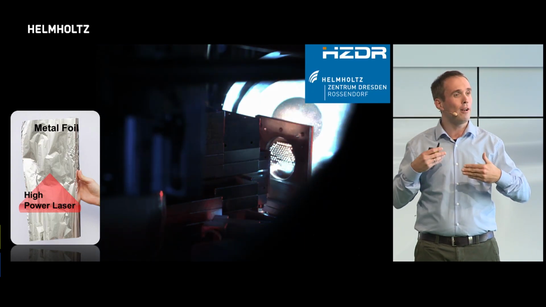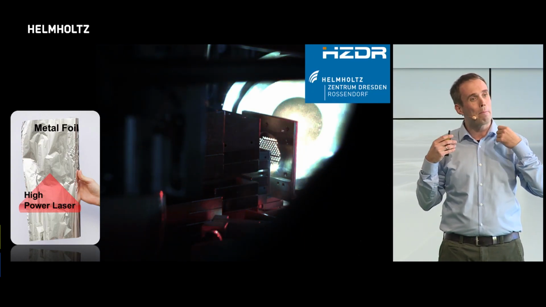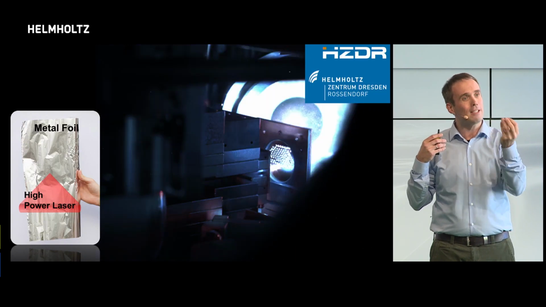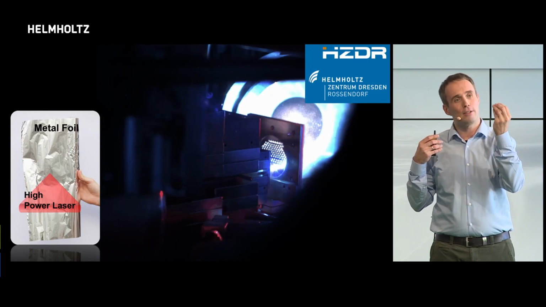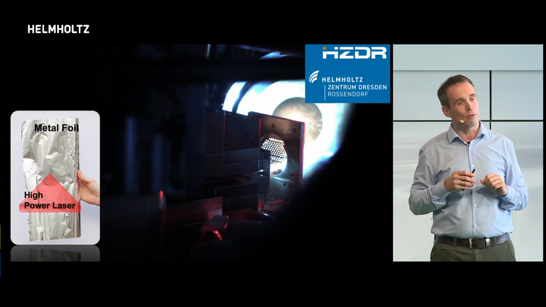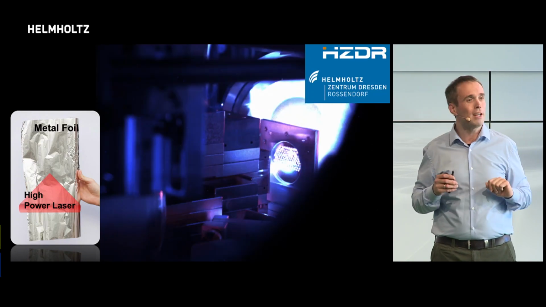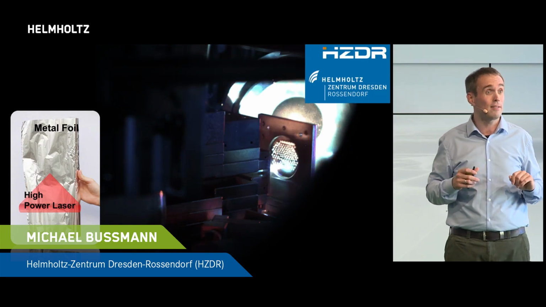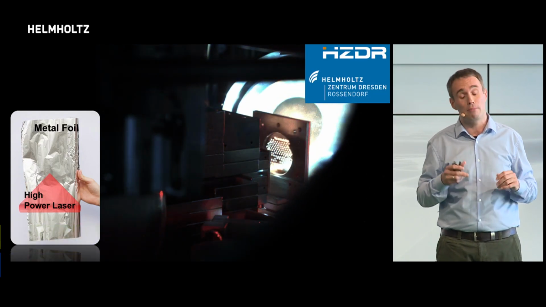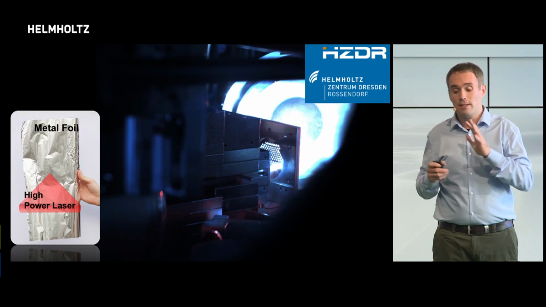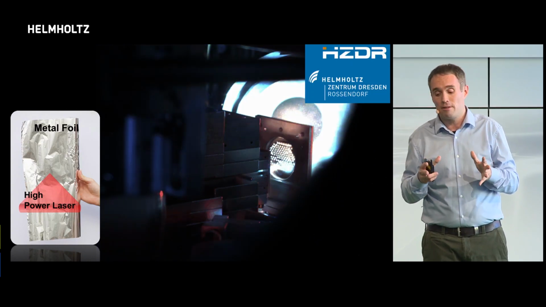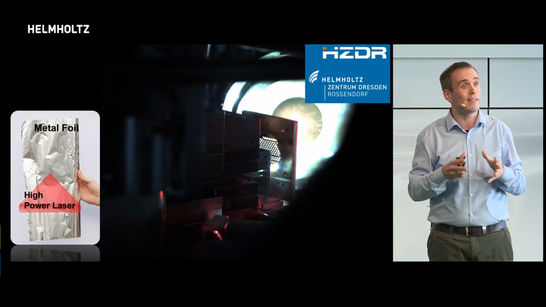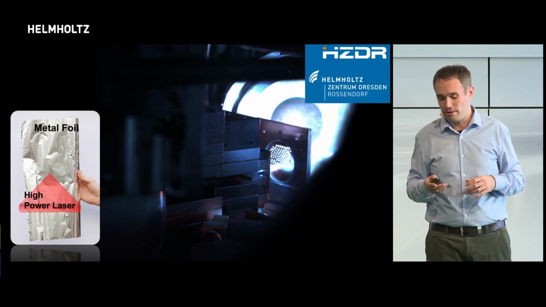You take this foil, and the laser shoots away part of the foil, and this part of the matter is used to irradiate the tumor. So this is a really, really small accelerator, as you see. Of course, the laser behind this is still a huge machine, and we need to make it much smaller. But this accelerator itself is basically just the foil and the high-power laser impinging on it.